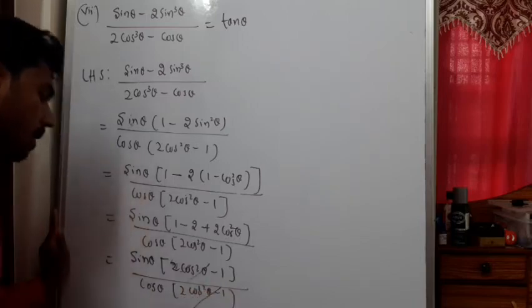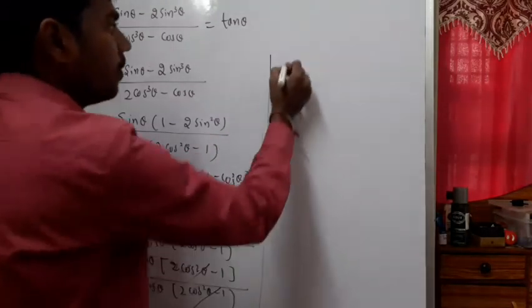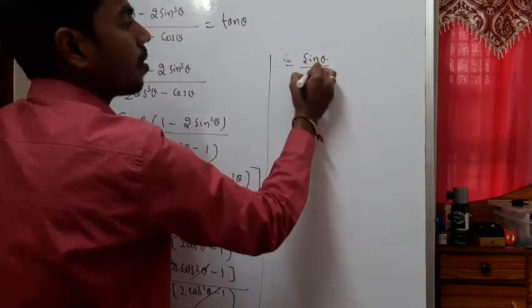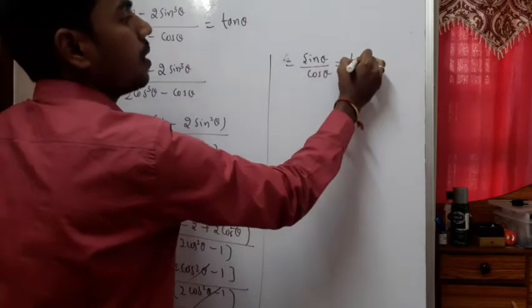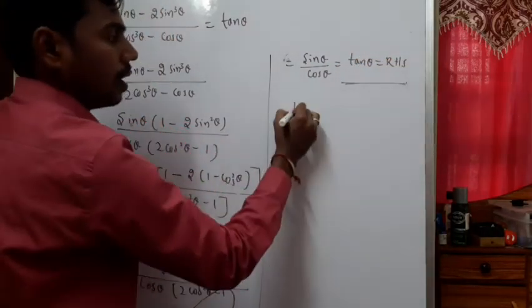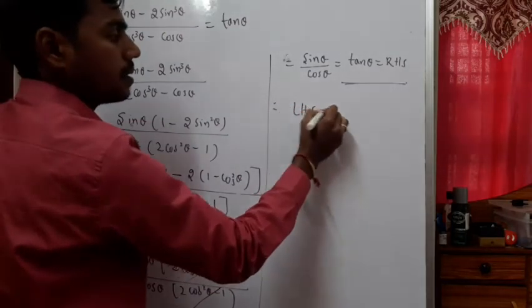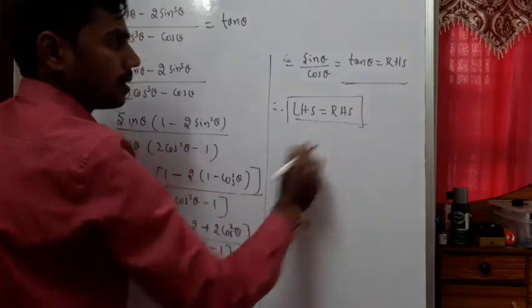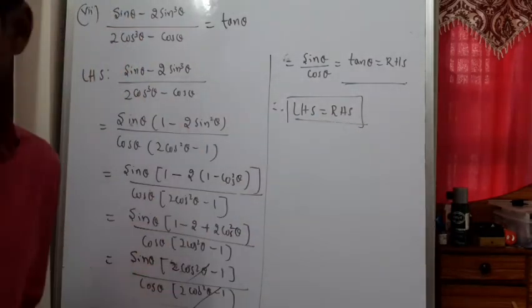So this and this will get cancelled. So what are we left with? Sin theta divided by cos theta, which is equal to tan theta, which is equal to RHS. So we proved LHS, therefore LHS is equal to RHS. So please note this down.